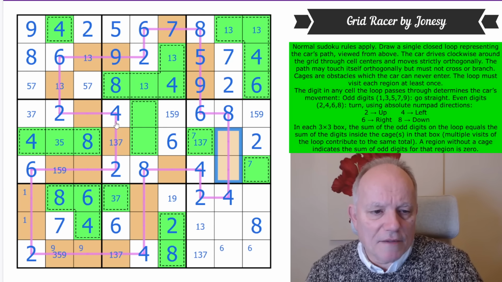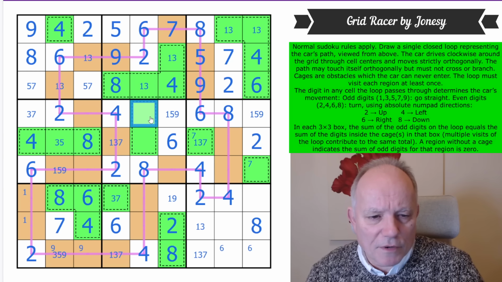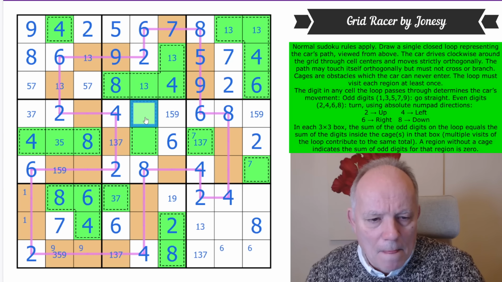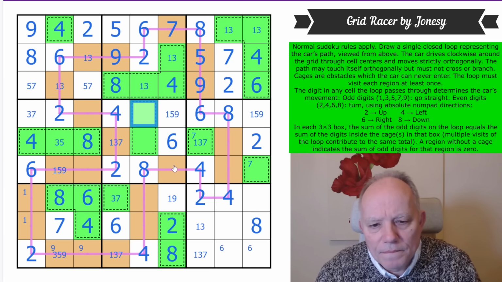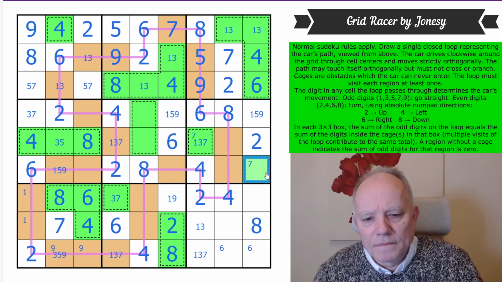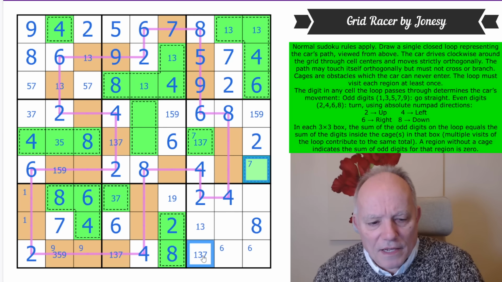Okay, where's the 7 in row 4? One of those 3 cells. Have we got a way of saying it's not here? No, I don't think so. If that's a 7, that's a 7.